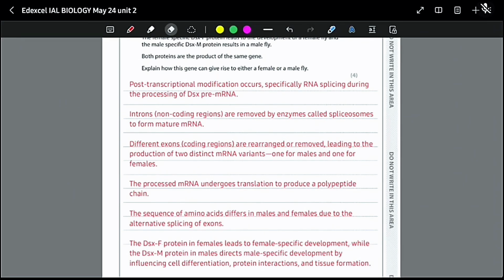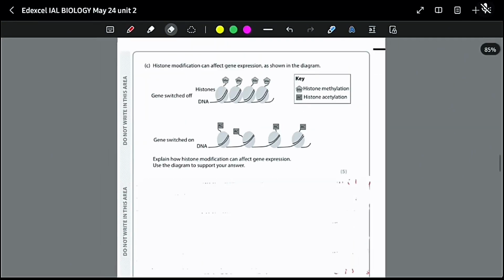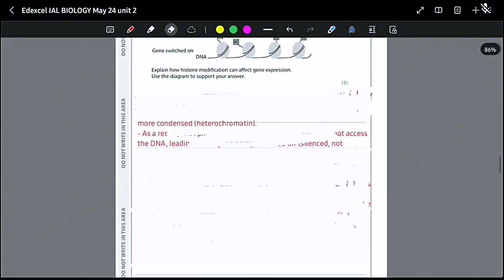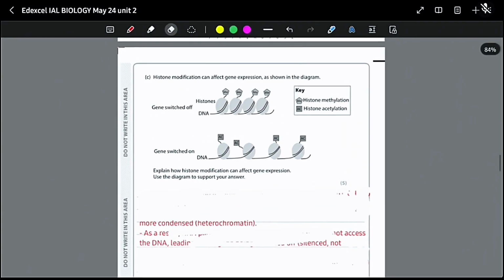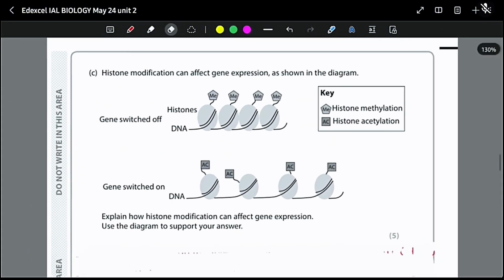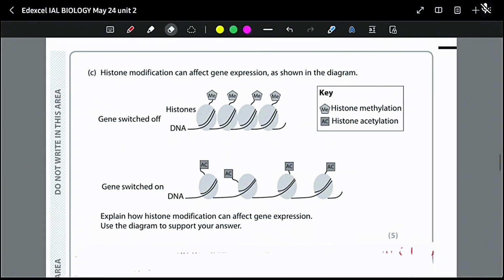Next question. C. The histone modification can affect gene expression as shown in the diagram.